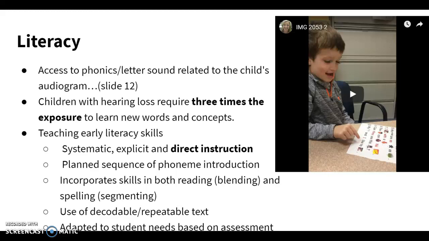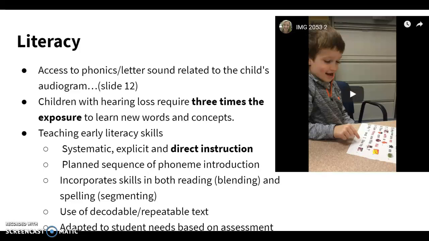So that will be important for us to know. Very important to know that children with hearing loss require 3 times the exposure to learn new words and concepts. So although it takes them longer, they are able to understand things and get things. So don't lose patience. One day you might realize that something just clicks for them and they are understanding a concept that you taught a couple weeks ago.